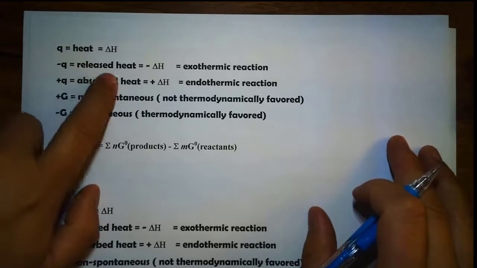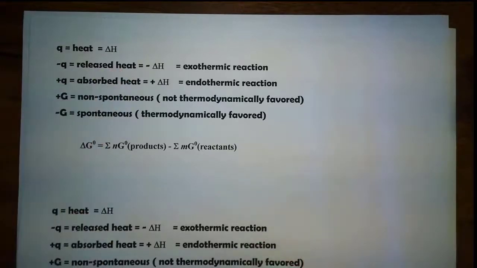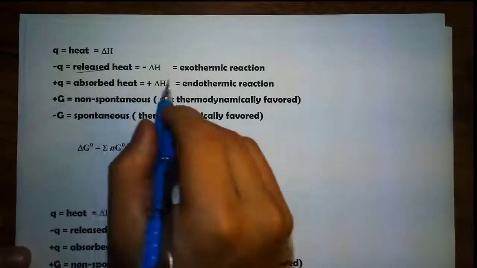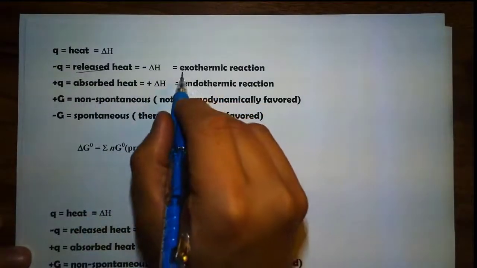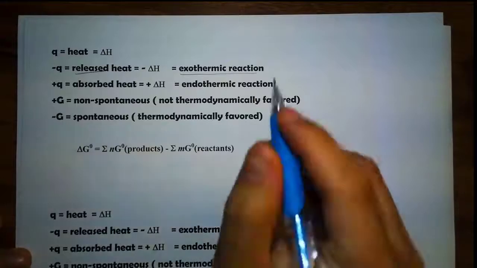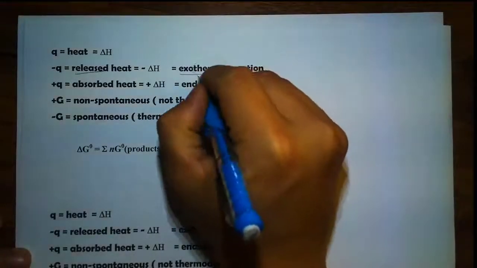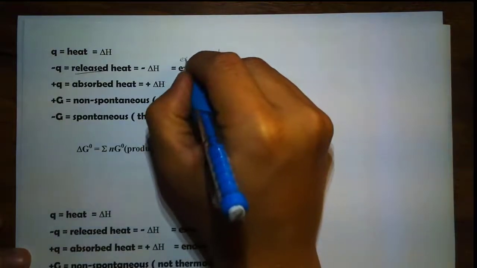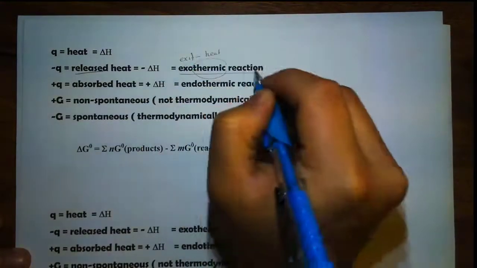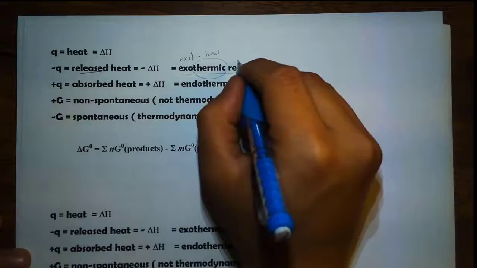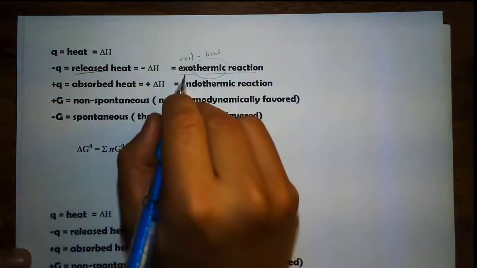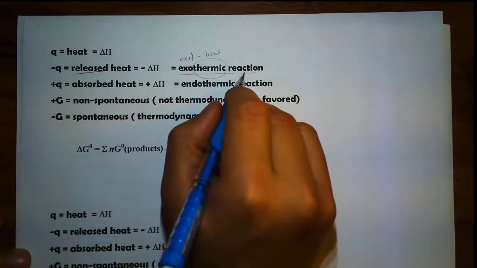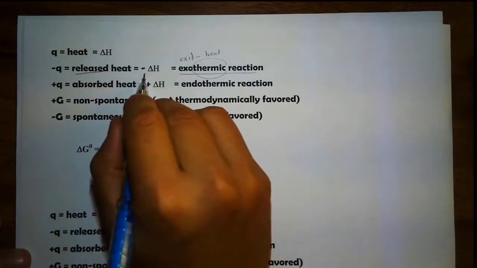And releasing heat or releasing energy refers to an exothermic reaction. Exo means exit, so the heat exits the reaction, so you are releasing.